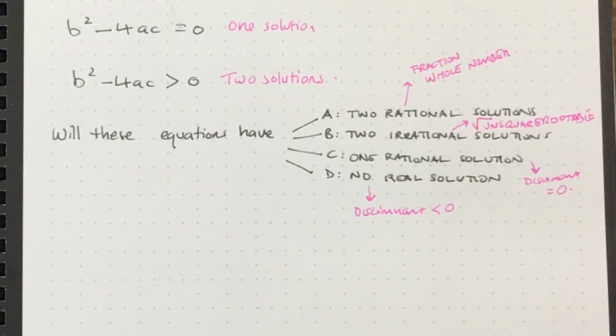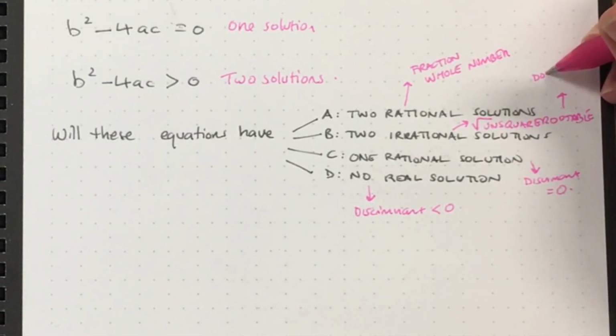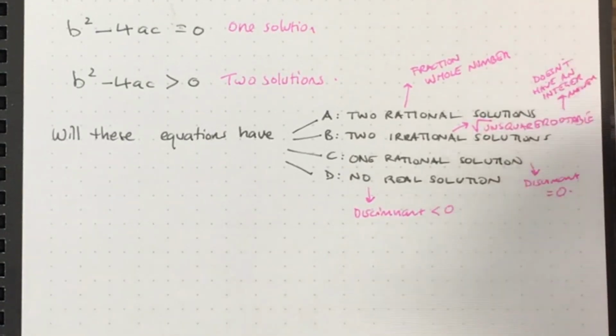That can't be square rooted. It could be simplified, but it can't be square rooted. So it doesn't have a whole number answer. It doesn't have an integer answer.